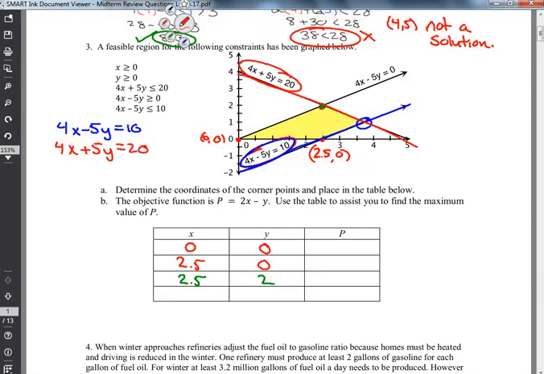Since my signs are already opposite, I'm just going to combine my equations to get 8x equals 30, divide by 8, divide by 8, x is going to equal 3 3/4. So this would be 3.75.